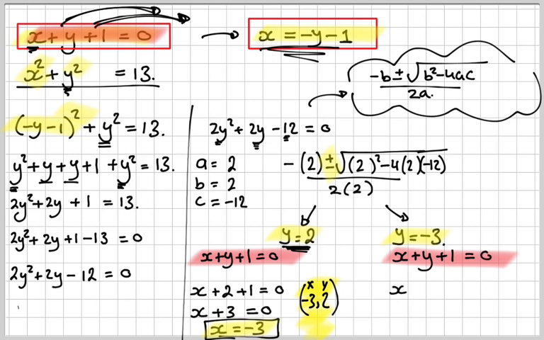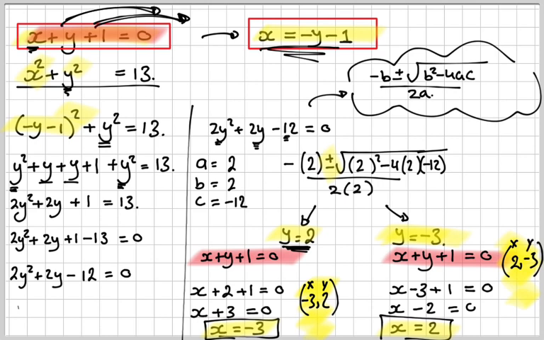So it'll be x plus minus 3 instead of y, plus 1 equals 0. So it'll be x minus 2 equals 0. x equals 2 then when I bring it to the other side. So that leaves me with x is 2, y is minus 3. So the second little point I have there is 2 for x, minus 3 for y. Okay, that's your x, that's your y.